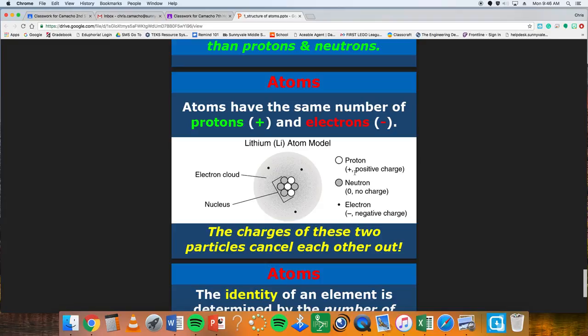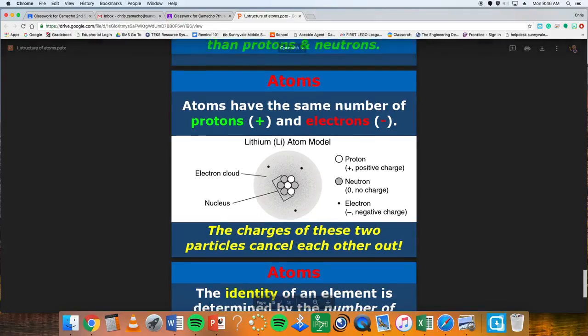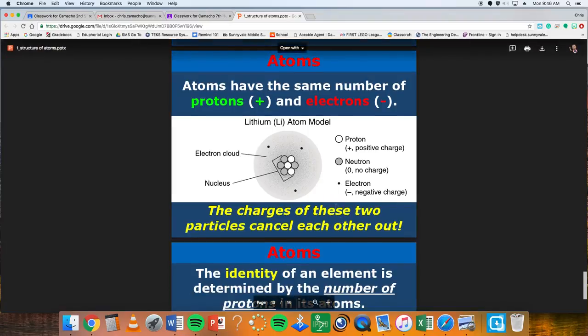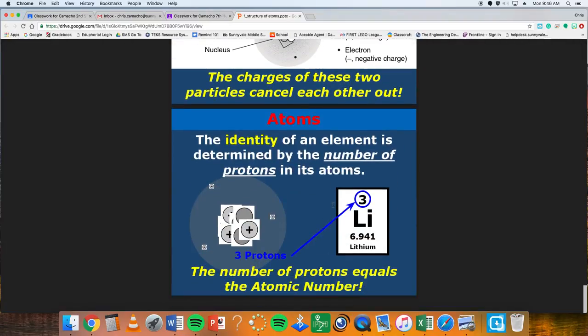How many? That's correct, 3. So once again, atoms have the same number of protons and electrons. If my atom has 14 protons, it has 14 electrons. Nice job. The charges of these two particles cancel each other out. We'll talk about charges a little bit later, but I just want you to understand the basics today. And the identity of the atom is determined by the number of protons in its atoms.